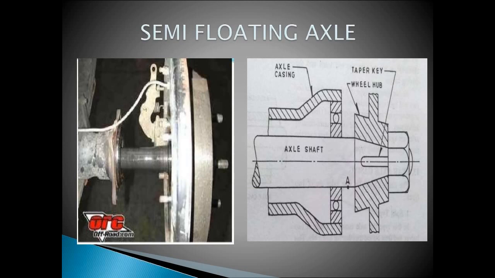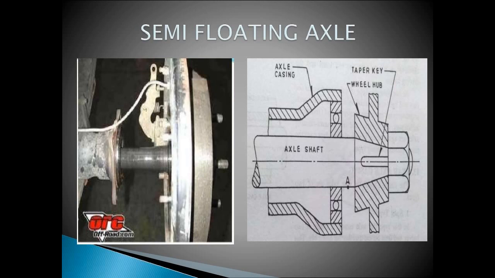As you can see in this drawing, the semi-floating axle. The right one is a schematic cross-section view of the semi-floating axle. The left side one is the actual view. This is used in most passenger vehicles and light commercial vehicles.